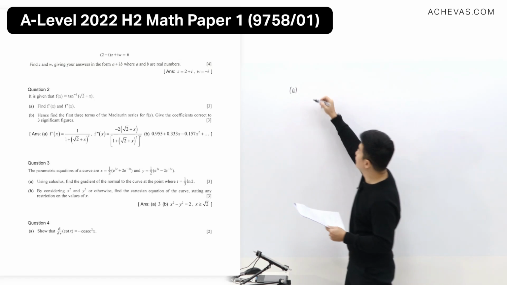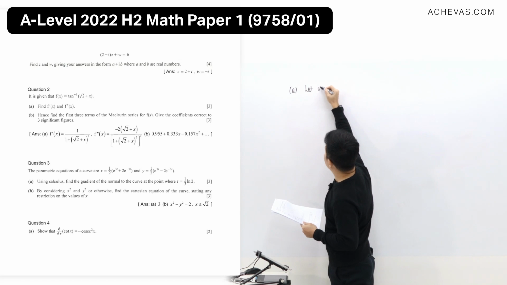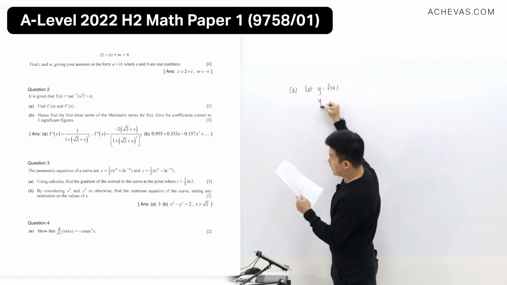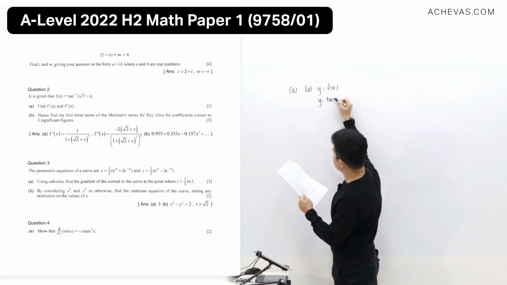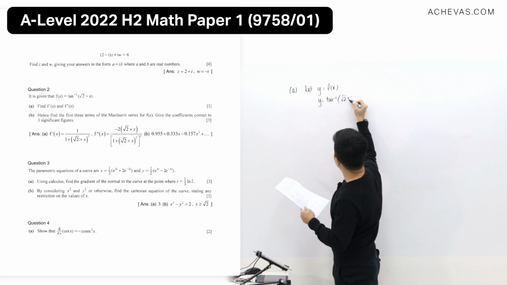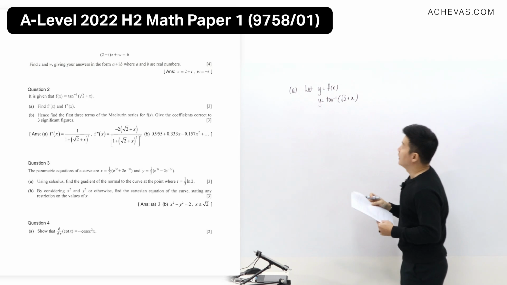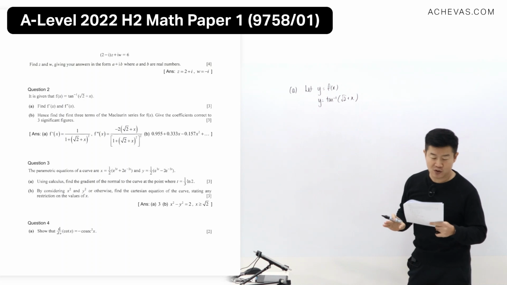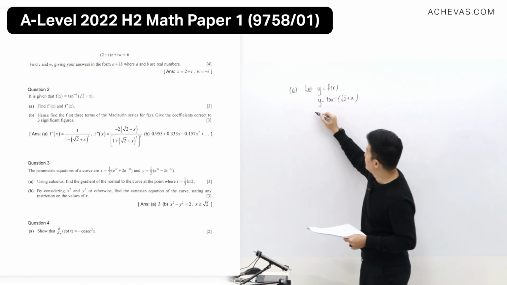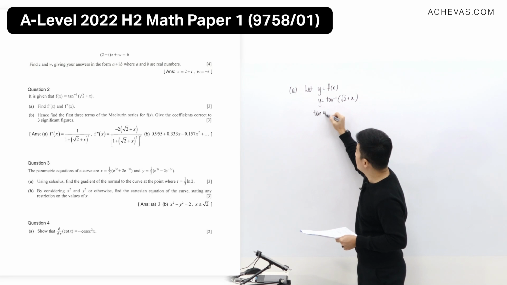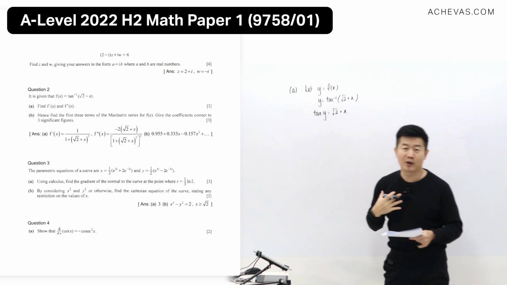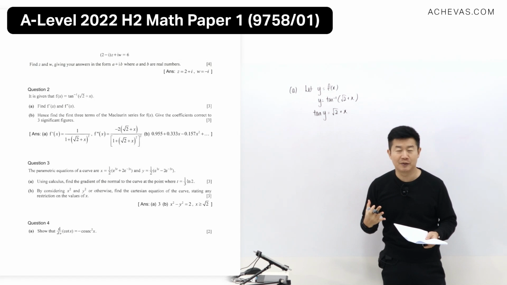So I'm going to try that by letting y be equal to f(x), which means that y will be this tangent inverse square root of 2 plus x. And the reason is because I'm going to bring this tangent inverse over to the left-hand side to get tangent y equal to square root of 2 plus x in order to carry out implicit differentiation.